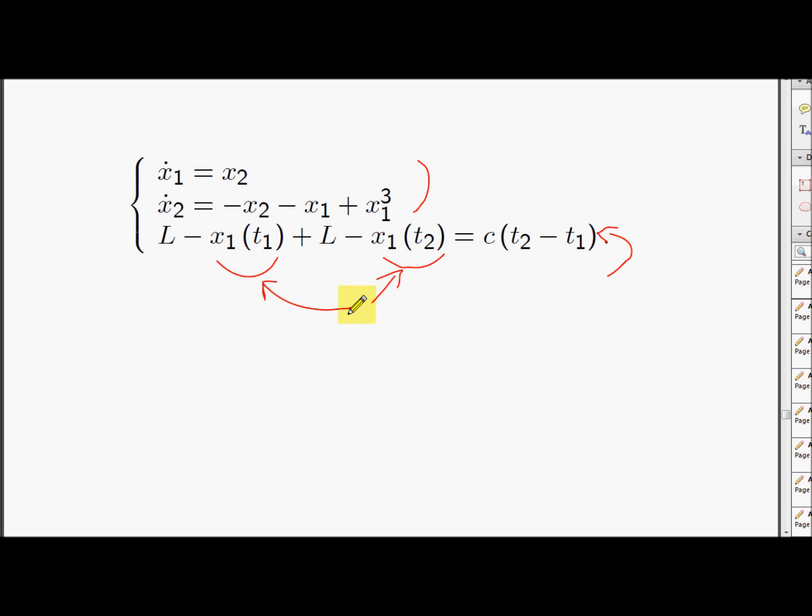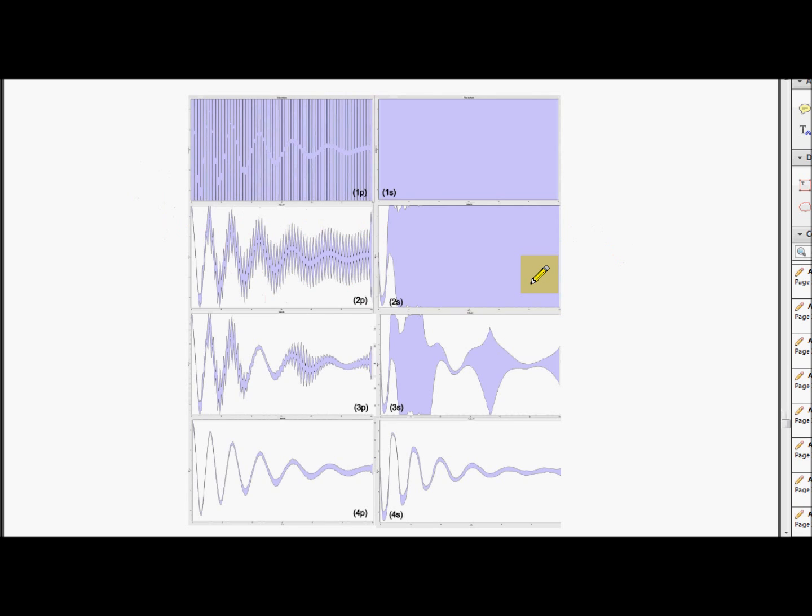Then I apply the contraction. So my measurements make it possible to contract at different times, here times t1 and t2. Here on the left column it corresponds to x, here x again, and on the right it will be x dot.